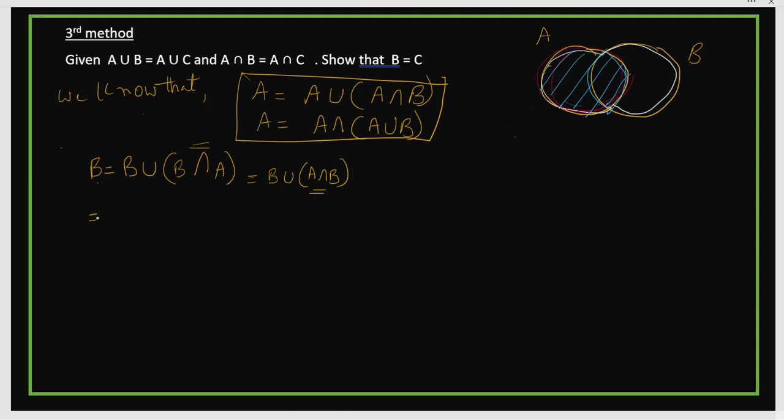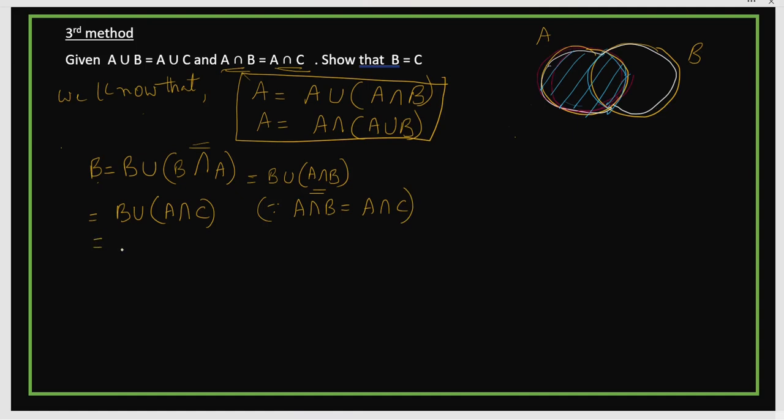Also equals, because B intersection A intersection B is what? A intersection C. B union A intersection C. Correct? Since A intersection B equals A intersection C.